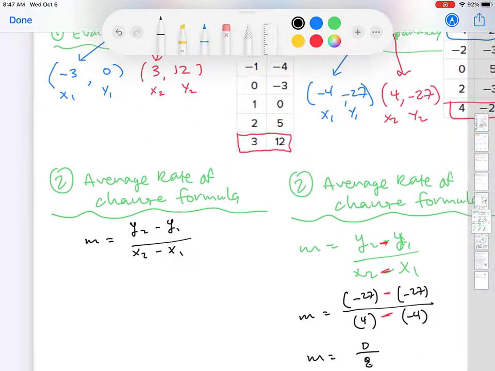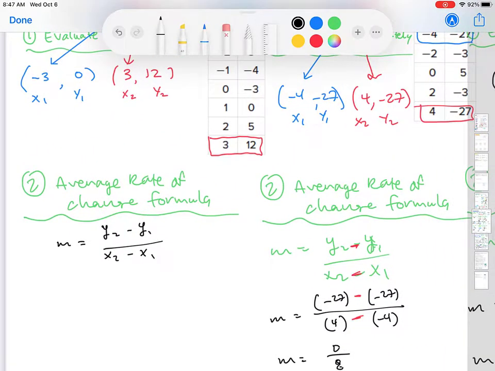What's hard for students is the formula has a minus sign. So let's go ahead and substitute these in. x1 is -3. So every time I see x1, I'm going to write -3. y1 is 0.